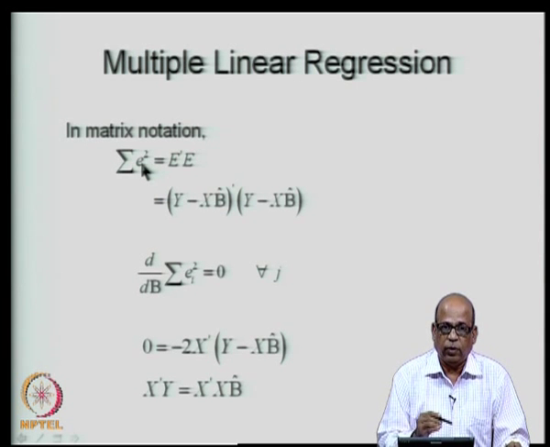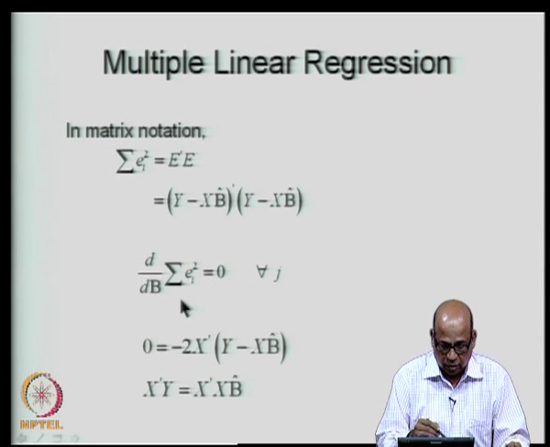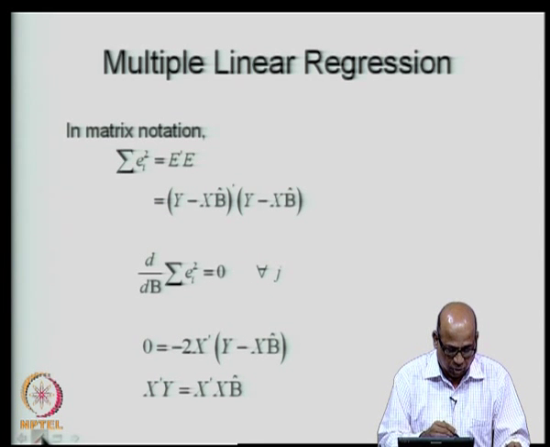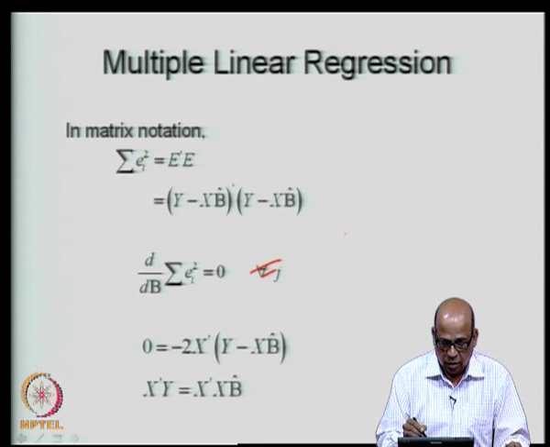So, the sum of square errors I differentiate with respect to beta, the matrix beta now, and equate it to 0. When I equate it to 0, this for all j is not necessary here. If I write it with respect to individual j's, then this is necessary. So, we are writing it in terms of the matrix notation.